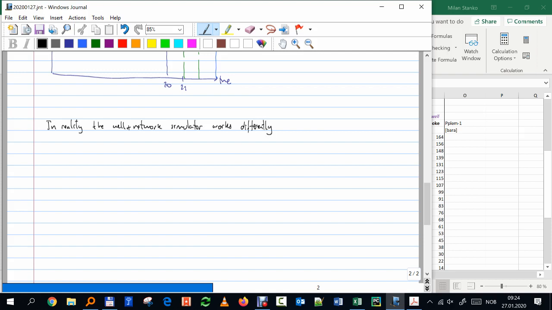You have to do some tricks, it's not very straightforward simply to impose a rate like what we have done here. They work in a slightly different way. They have a solver of a system of equations.